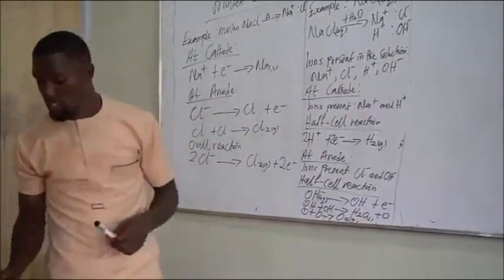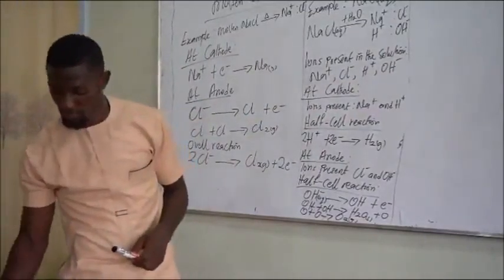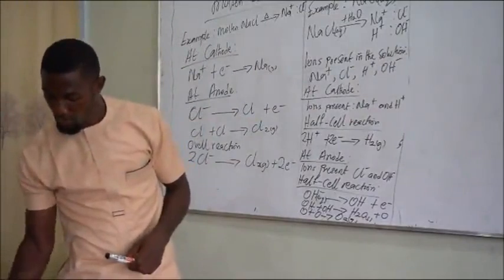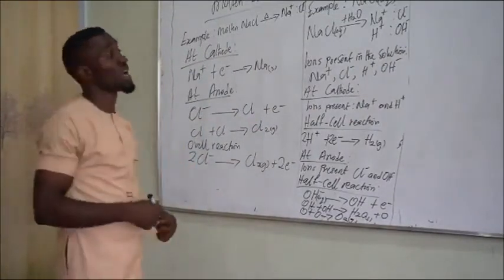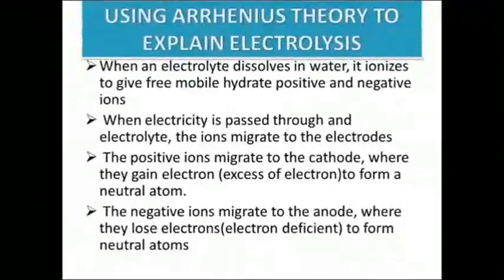Okay, now let's go over to the explanation of Arrhenius theory. First, we look at ionic theory. In the ionic theory, we are going to use Arrhenius theory to explain it.